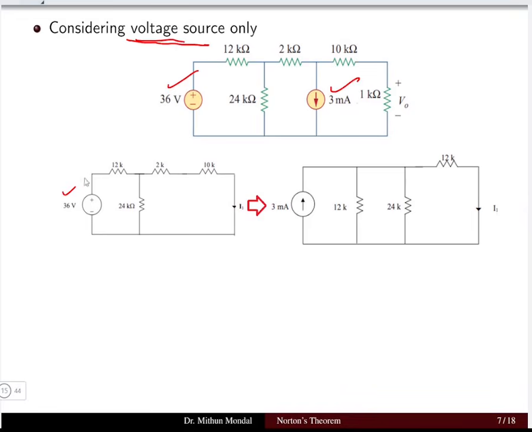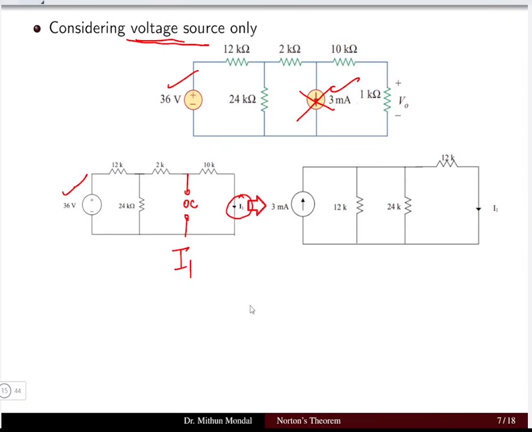I will keep the 36 volt active. It means that the 3 milliampere source has to be removed from the network, which is done using an open circuit. So we can open circuit these two terminals of the current source, and then we can determine the value of the current which is flowing at the load terminal, which is written as I1.